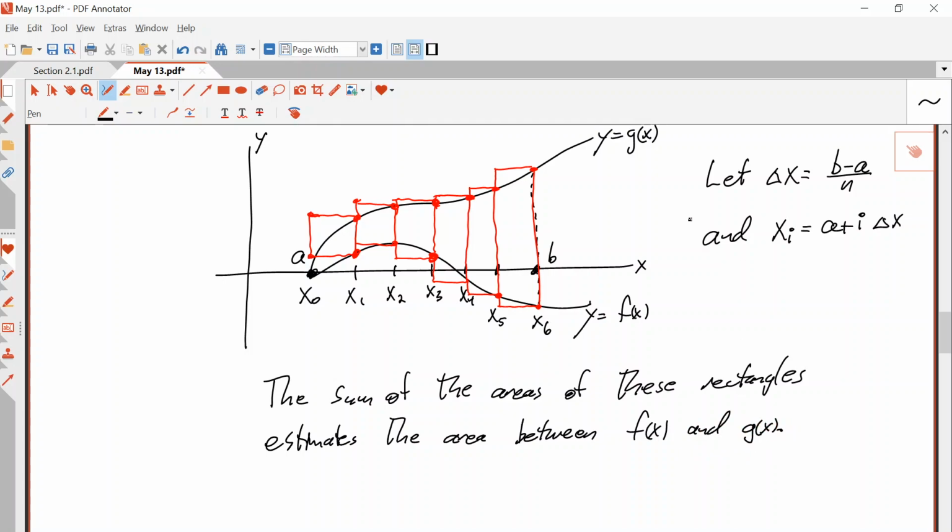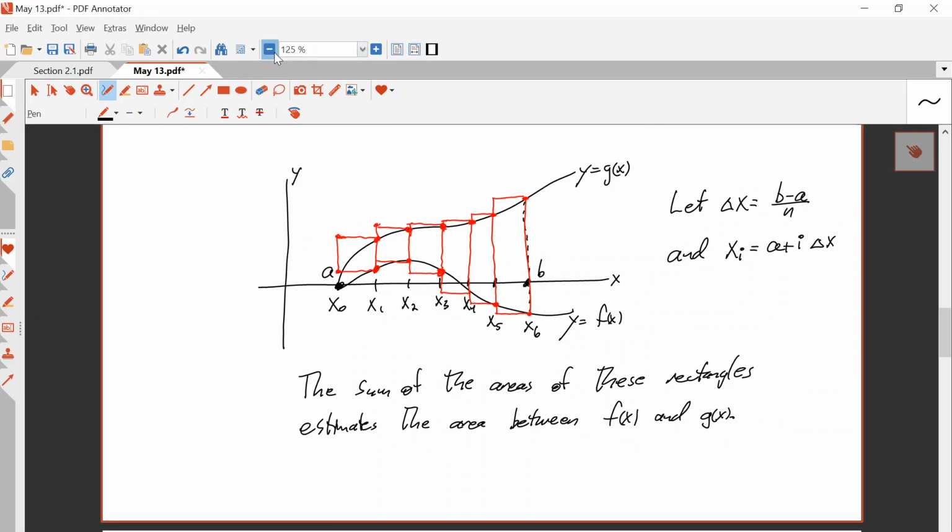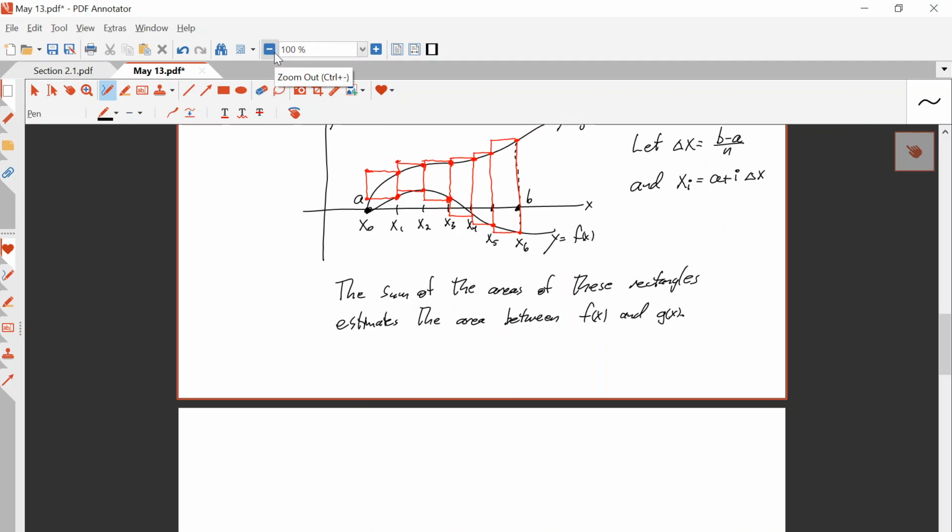Right? Just looking at that, we see that's a decent estimate. And of course, like before, the more rectangles and the skinnier those rectangles are, the better the estimate is going to be.